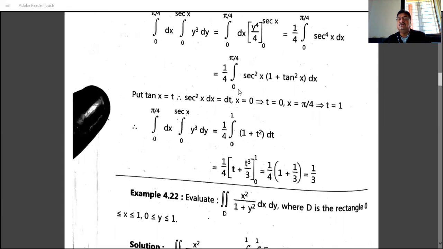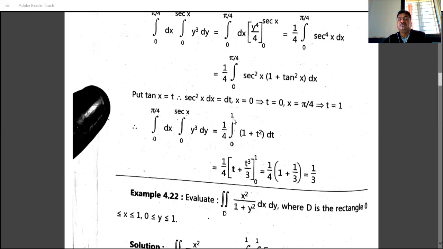So if x is 0, then t is also 0, because tan 0 is 0. And if x is pi by 4, then tan pi by 4 is what? It is 1. If x is pi by 4, then t is 1. So the limits are what?